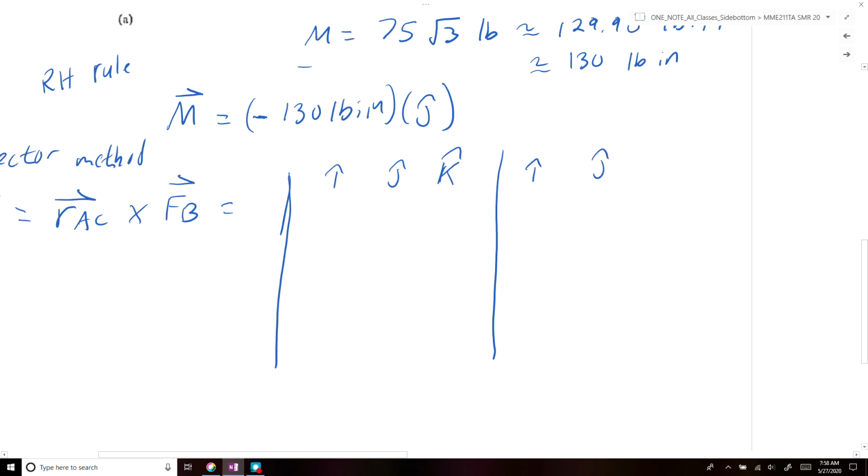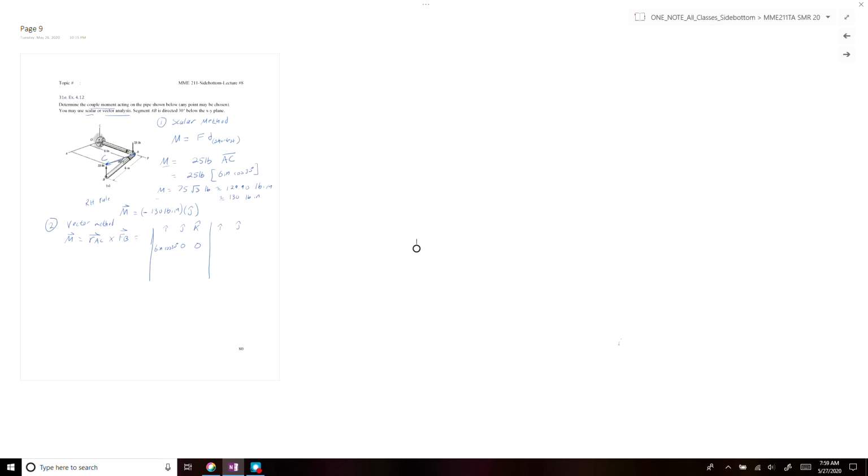Alright, so if we do that, in the direction along the x-axis we would get 6 inches times cosine of 30 degrees. Our y direction would be 0. Our k direction would be 0. And then we can copy those first two values along the left-hand side of our equation.